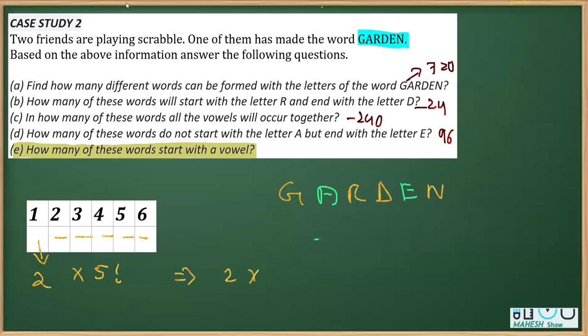So that comes out to 2 into 5 factorial, which is 2 into 120, that is 240. So the answer for this part will be 240. This is how all these 5 parts can be done.